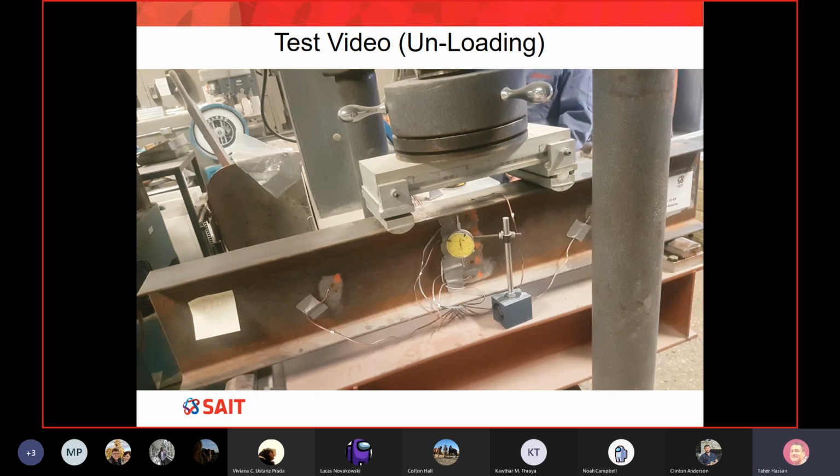Okay, you can see we have removed all the loads, and I'm hoping you have seen the movement of the dial, where the dial went back to exactly where it started from. So you can see my beam is elastic. When I apply load, it goes to one amount of deflection. When I remove the load, it goes back to no deflection.